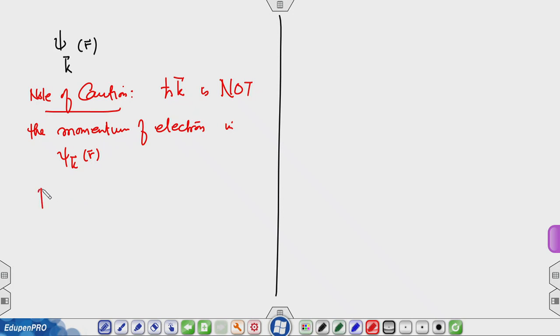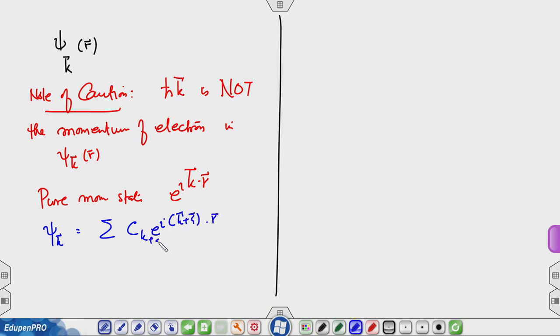Because a pure momentum state is e raised to i k dot r. What you have here is psi k, which is a mixture of k plus g dot r, a mixture of many momentum states. So, it cannot be an eigenfunction of the momentum operator, and therefore, h cross k is not the momentum. However, k being the label, and you will see that in the crystal k plays an important role, and at times acts like the momentum of the electron.